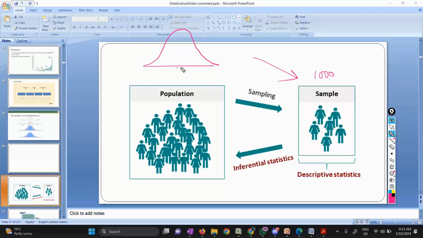When I plot 1,000 people's data, I'm getting the fact that 680 people's scores are between plus 1 sigma and minus 1 sigma. Suppose I'm doing this.